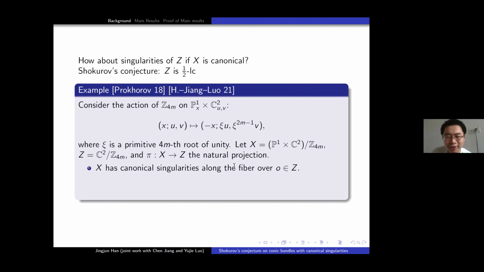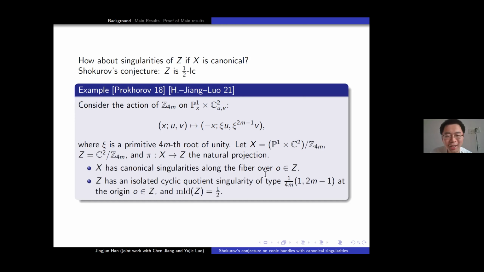In this case, we can show that X has only canonical singularities along the fiber over the point O, and Z has an isolated cyclic quotient singularity of type 1/4m(1, 4m-1) at the origin point O. And moreover, the MLD is equal to 1/2.